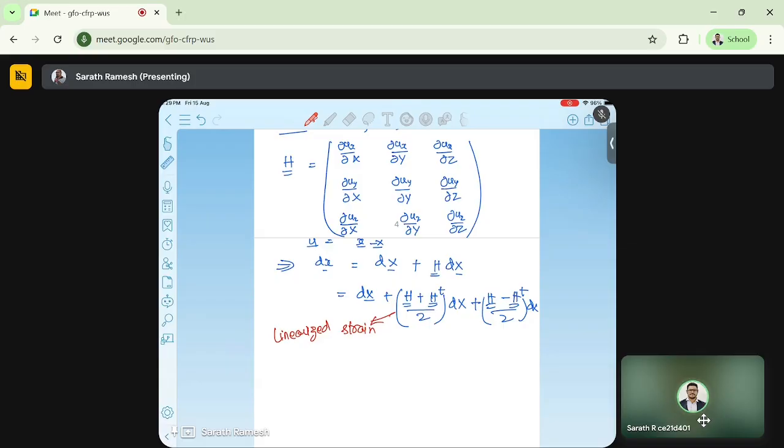So we call it the linearized strain tensor. This is the symmetric part, and this we call the infinitesimal rotation tensor.